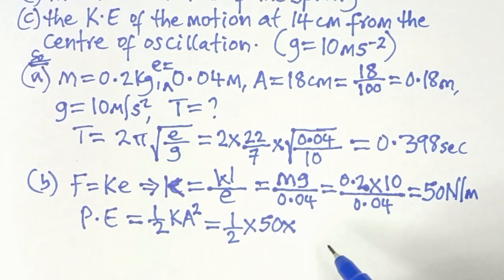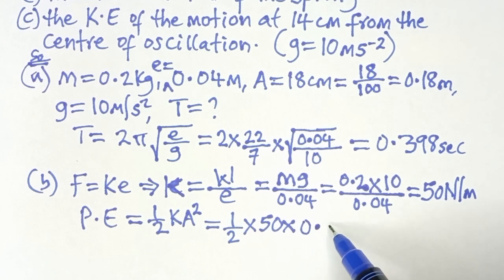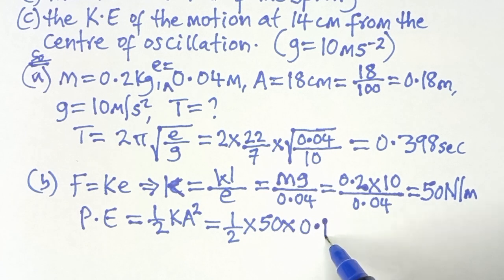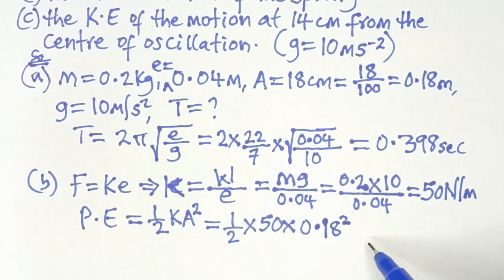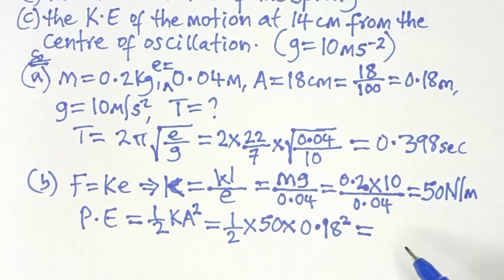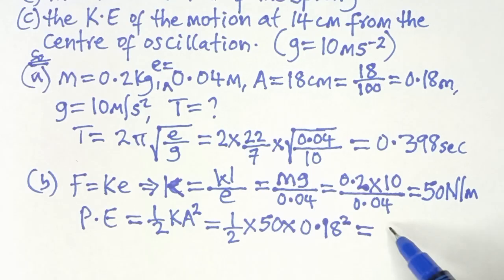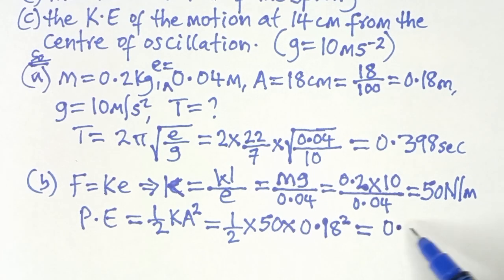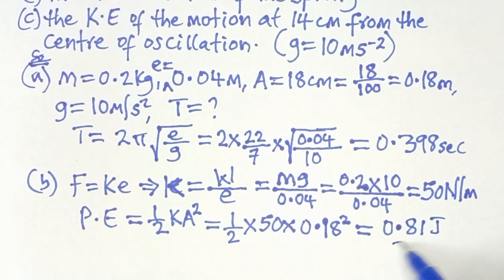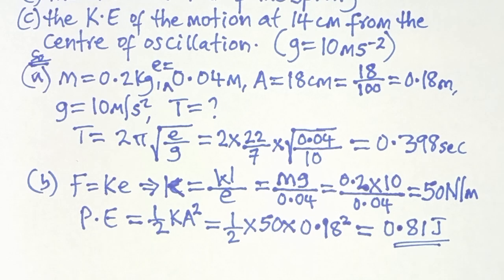So we're going to square it. So 0.18 square. So by the time we square this, multiply by 50 and divide by 2, it's going to give us the potential energy as 0.81 joules. This is the answer for the potential energy.